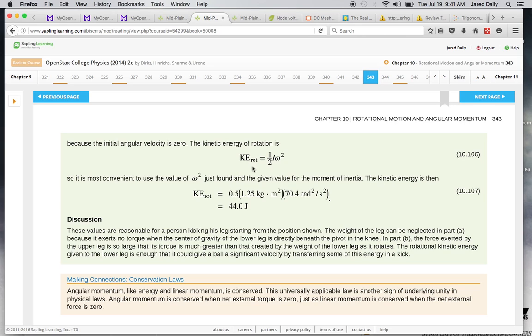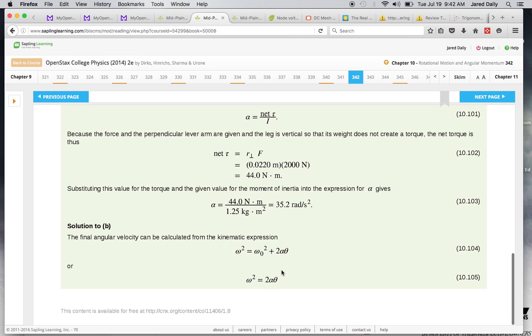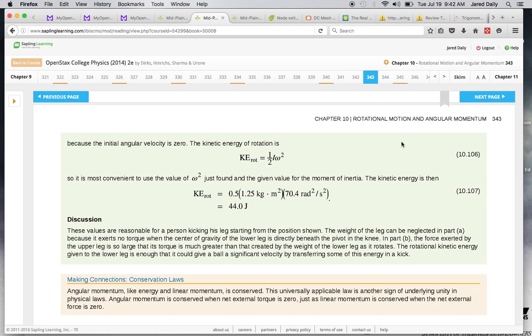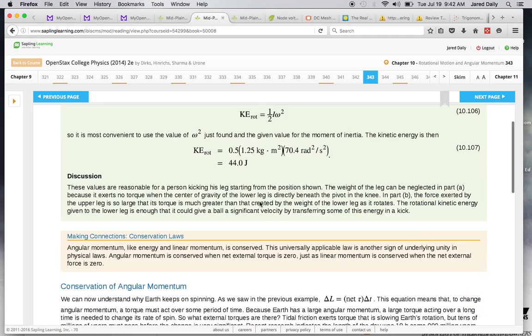So KE equals 1/2 I omega squared, so it's 1/2 I times 2 times the angular acceleration times the angle. We plug in our I for this particular leg times the half, and we get 44.0 joules of rotational kinetic energy of the leg.